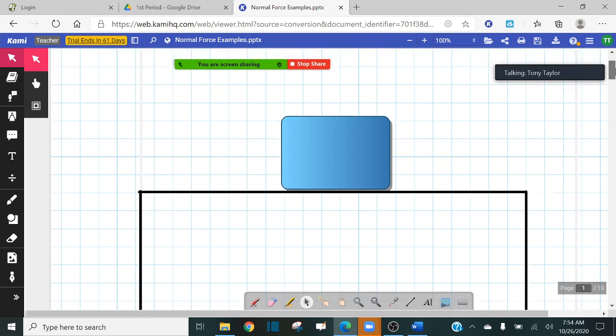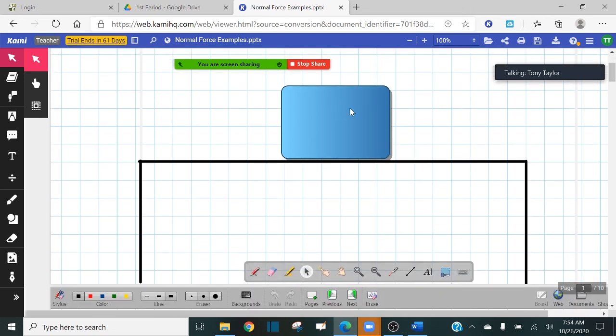So remember what we talked about last time? Imagine this block here. There's a block sitting on a table. If the block is just sitting on the table and it's in contact with this surface, not only is gravity pulling down on it, there's obviously another force acting on it that prevents it from going through the table, and that force is the normal force.